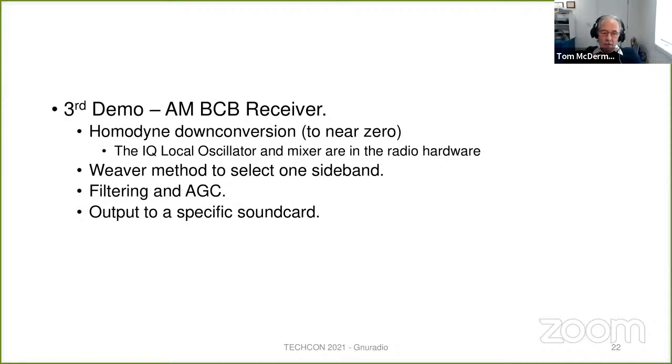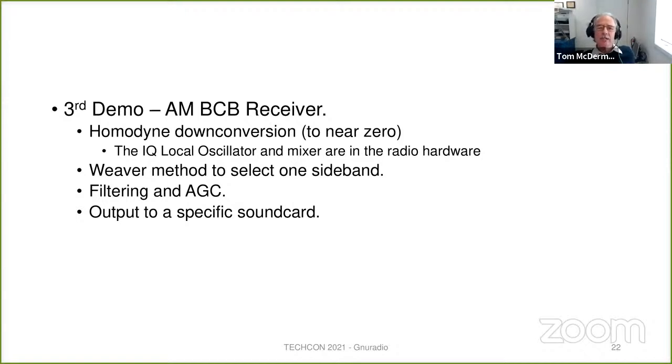So this receiver is going to be based on a homodyne down conversion receiver. And what homodyne is, is that the hardware that does that first down conversion, that generates an IQ local oscillator and then mixes it down to 0 in the radio hardware, is doing that inside an FPGA in the radio.